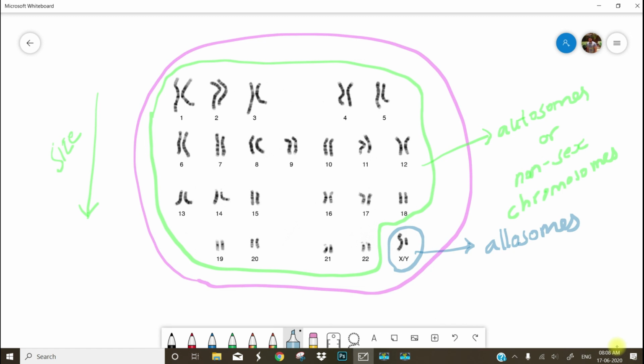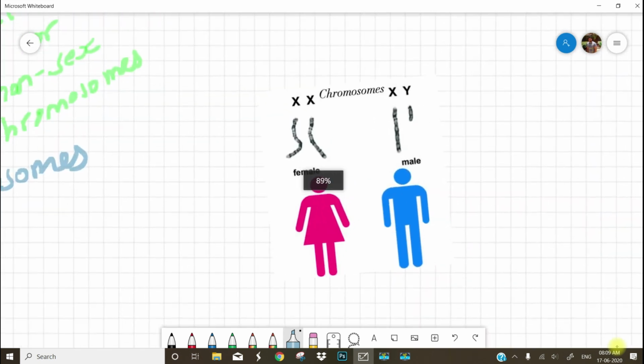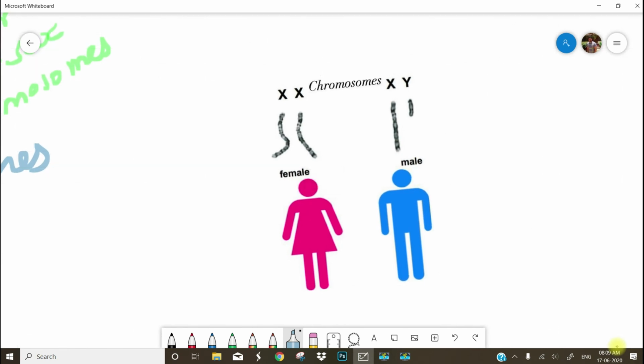This is a male karyotype. How could I understand this is a male karyotype? That is a speciality of sex chromosomes. If the sex chromosome pattern is XY, that will be male, and if the sex chromosome pattern is XX, that will be female.